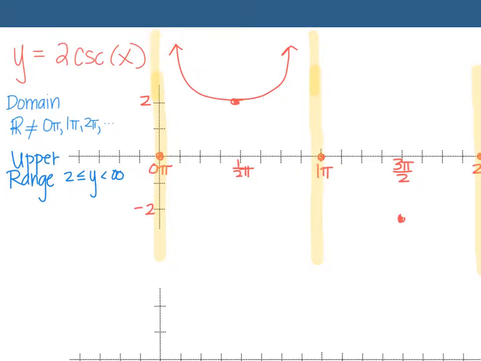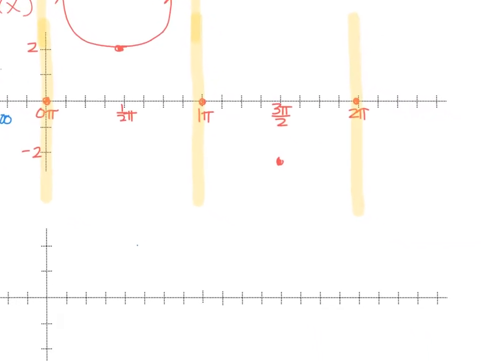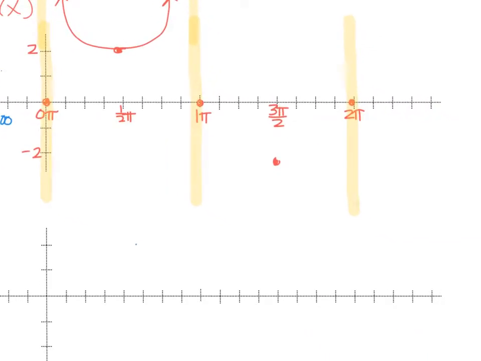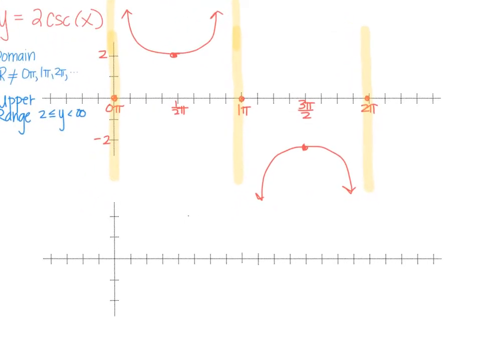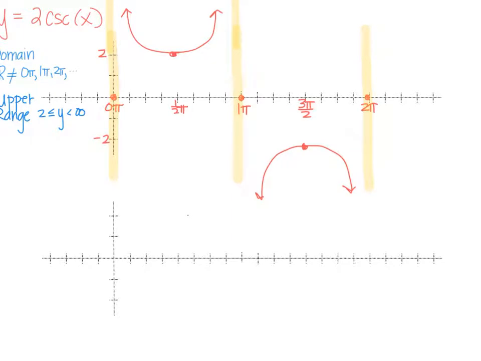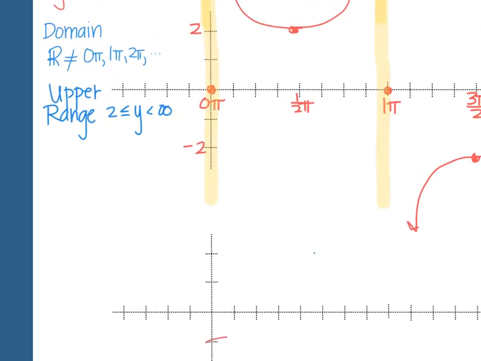But then what do I do with that last dot? That forms kind of a mirror image, and it is a branch that is facing downwards. And that branch has its own range as well. That's called the lower range. And so the lower range goes from, well, what is the lowest of that one?